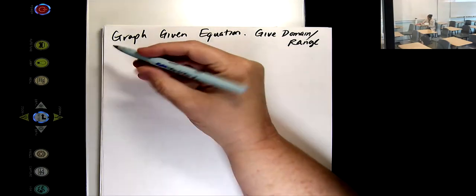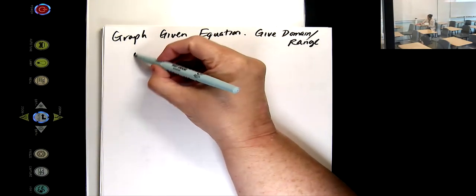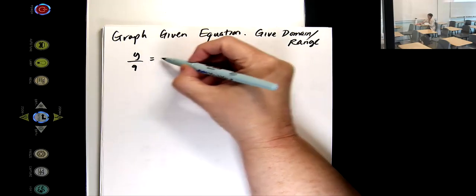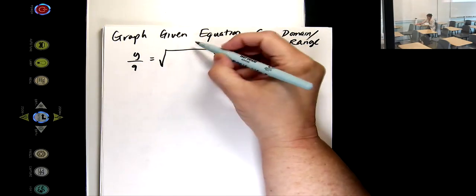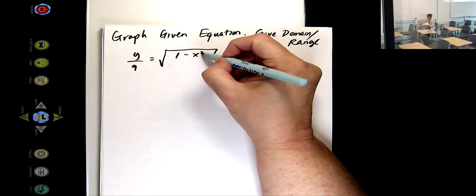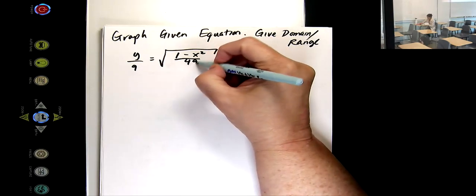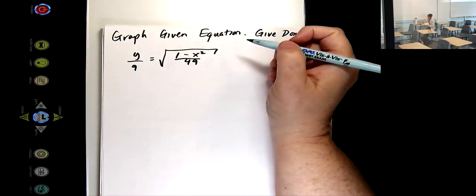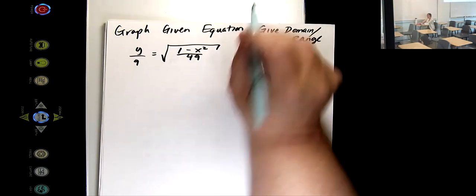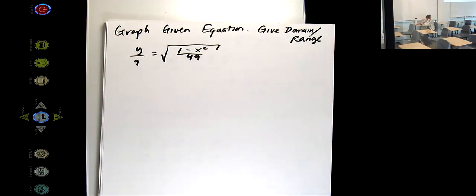The given equation is y over 9 equals square root of 1 minus x squared over 49. All right, so this is similar to what we did in 10.1 with the parabolas.